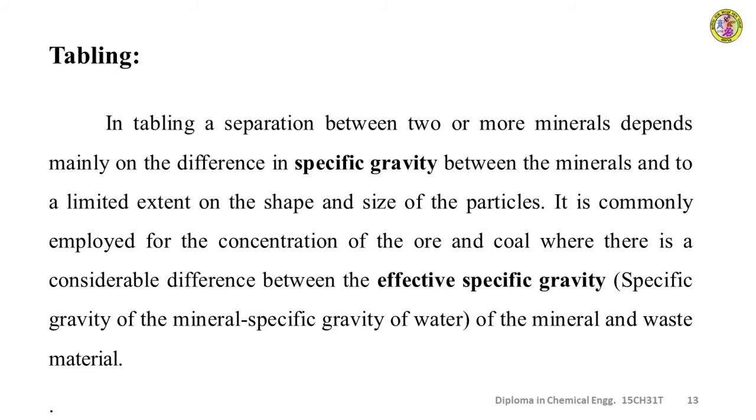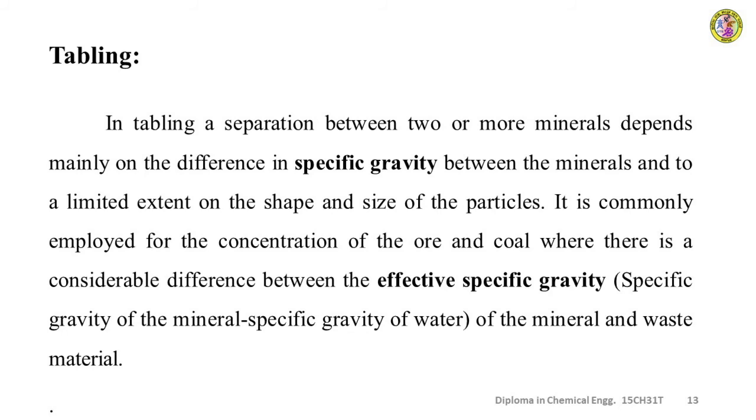This operation is employed for concentration of ore and coal where there is a considerable difference between the effective specific gravity of the different particles. Effective specific gravity is the difference between the specific gravity of the mineral and the specific gravity of the water.